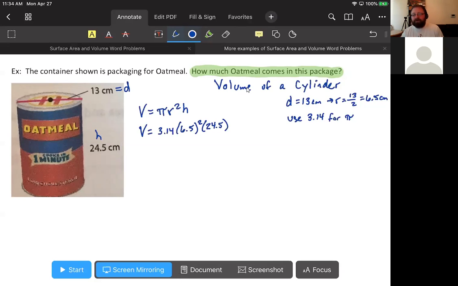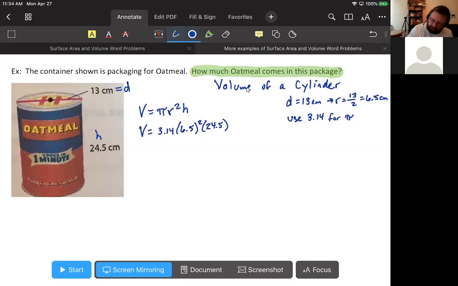And if you're using your phone calculator, you need to start with the 6.5 squared, because if you type that in wrong, some of your phone calculators are not going to compute it correctly, okay? So you need to probably do it in multiple steps and use order of operations if you're just using your phone as your calculator, if you don't have a yellow calculator, okay?